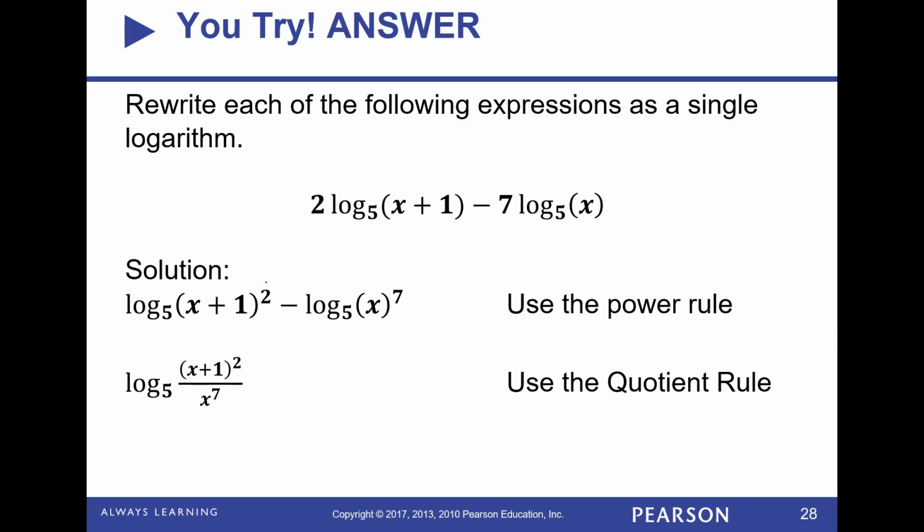So we put that power of 2 there. Then we look at what's between them and divide, because the minus sign means to divide. And this is just x plus 1 quantity squared. Just leave it like that, don't even bother to multiply it out. We've just now used the power rule and the quotient rule.